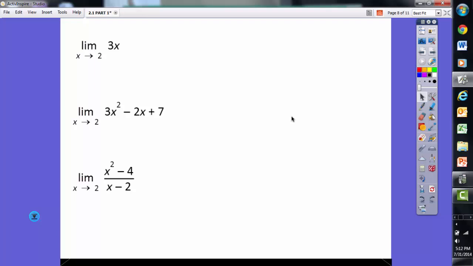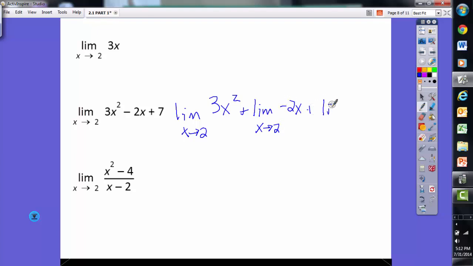But watch what happens if we break it up and say the limit as x approaches 2 of 3x squared plus the limit as x approaches 2 of negative 2x plus the limit as x approaches 2 of 7.